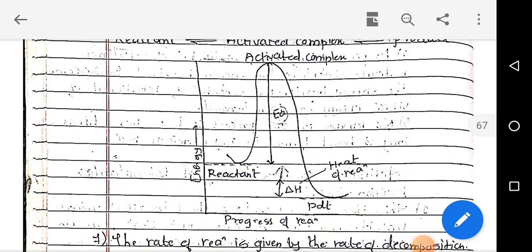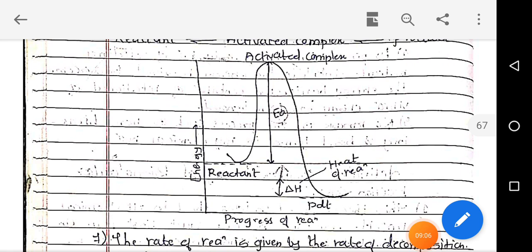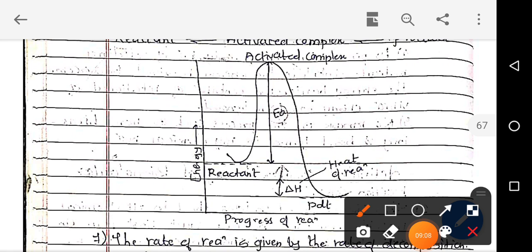Here are the reactant molecules. This is the activated complex, and this is the product. Systematically, there is a difference between the reactant molecules and the activated molecules. This difference is denoted by EA.